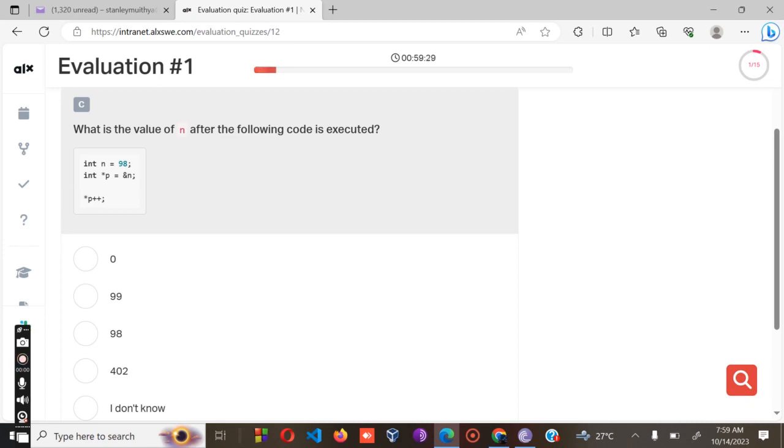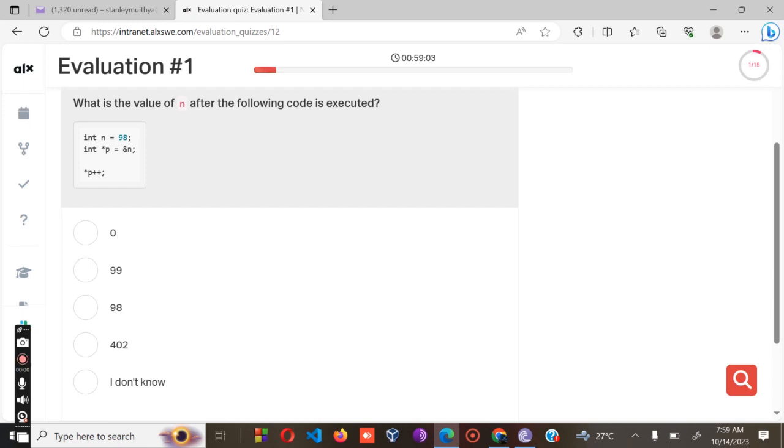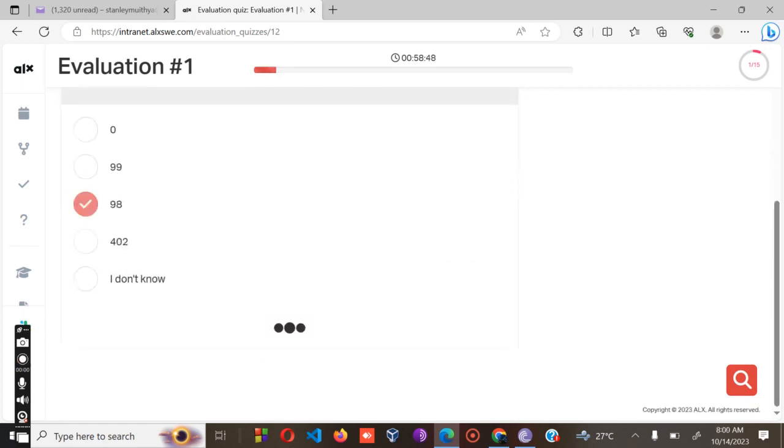So we have int n = 98, int p = n++, and the value of p will be... let me see, because we have the 98, the correct answer is supposed to be 98. That's the answer. Okay, let's move to number two.